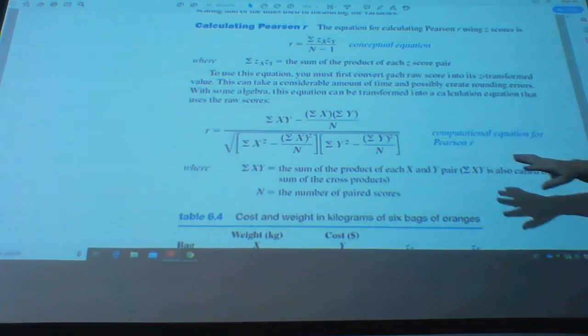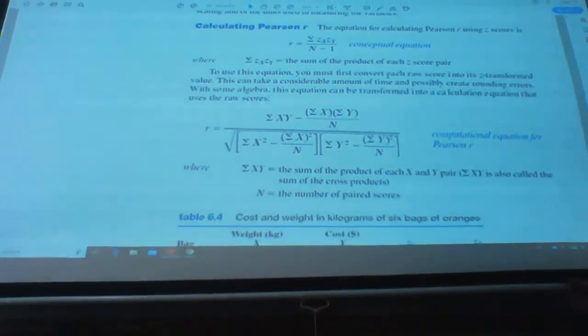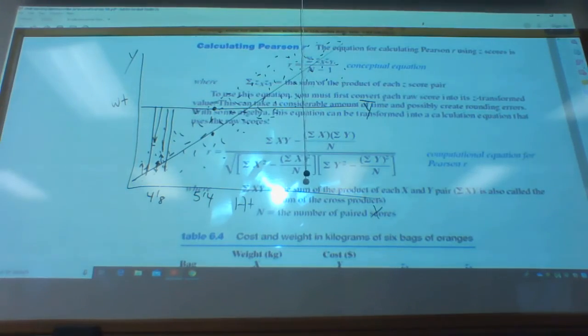There's another way to write this exact same formula. And that would be something like this.